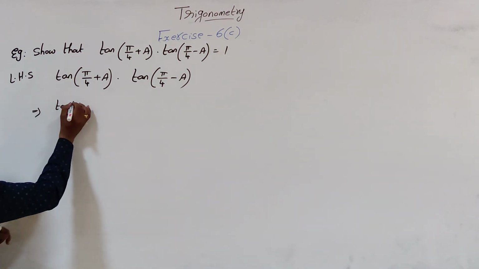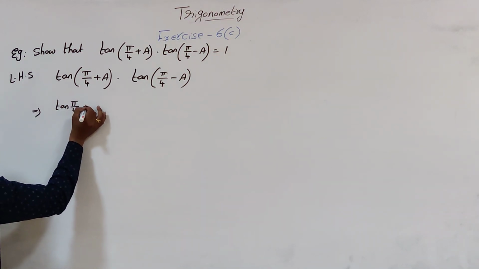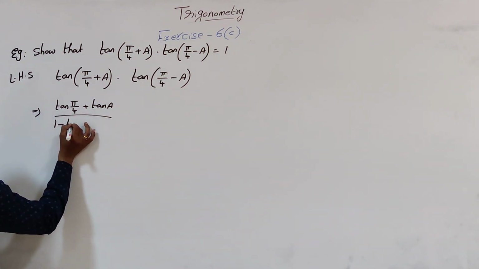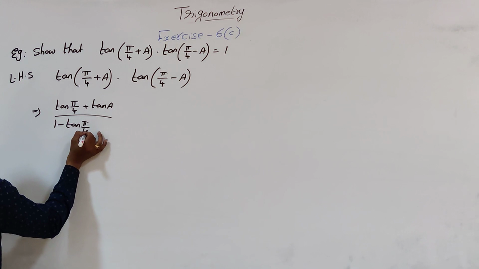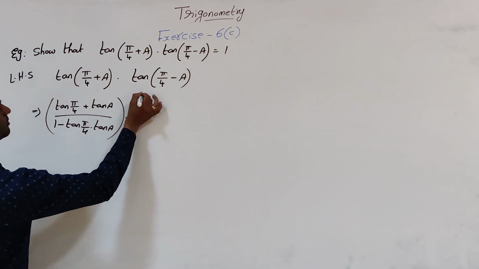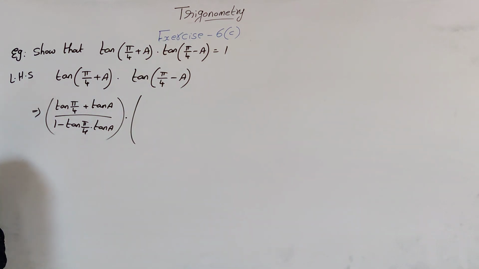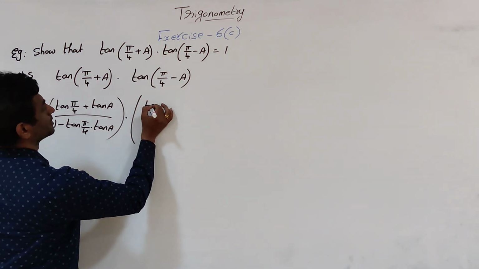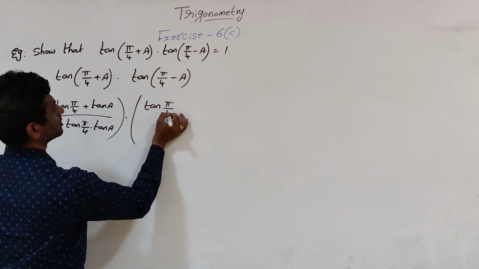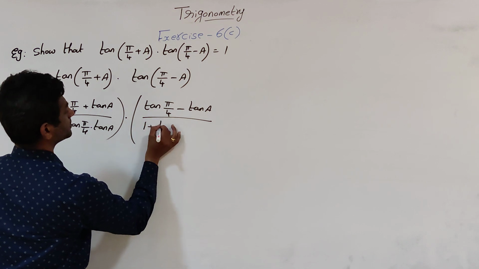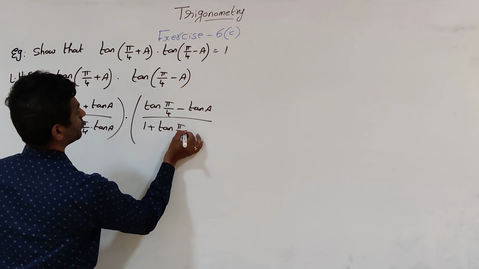So if you substitute, tan pi by 4 plus tan a by 1 minus tan pi by 4 into tan a, into tan of pi by 4 minus a. Again it is in the form of tan a minus tan b: tan pi by 4 minus tan a by 1 plus tan pi by 4 into tan a.